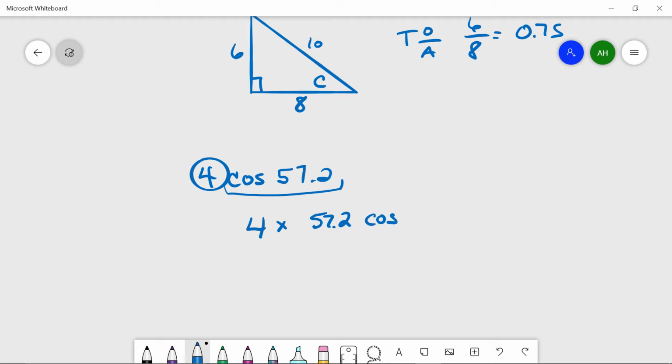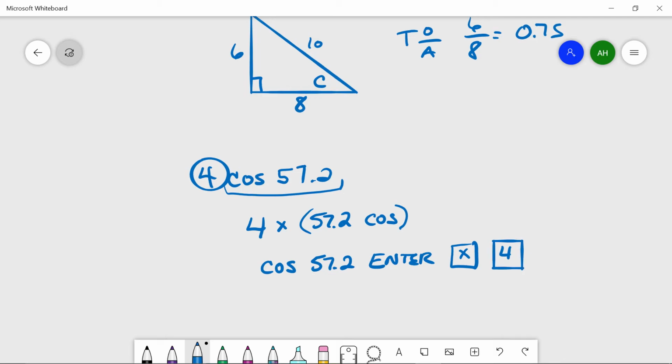Remember, the calculator that they're doing, you wind up doing 57.2 and then you do the cosine after. With my calculator, I would need to hit the cosine, then hit the 57.2 and then hit enter, which is going to give me the cosine of 57.2. I would then hit times and 4.